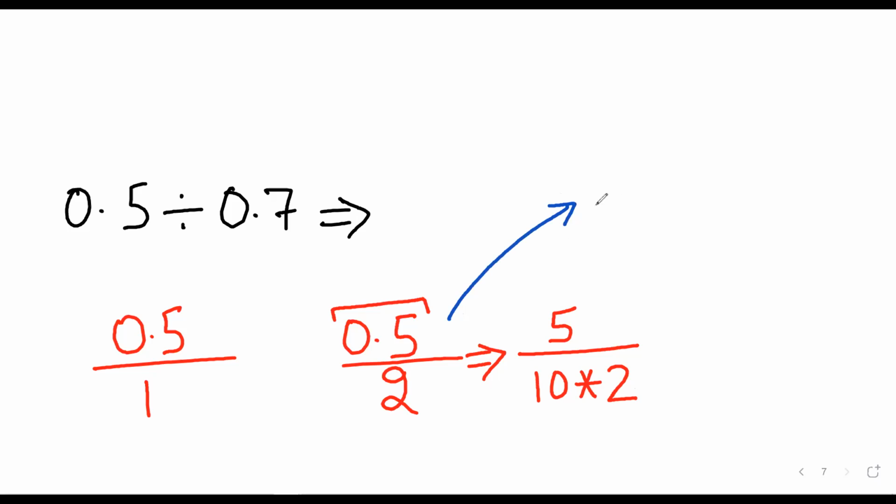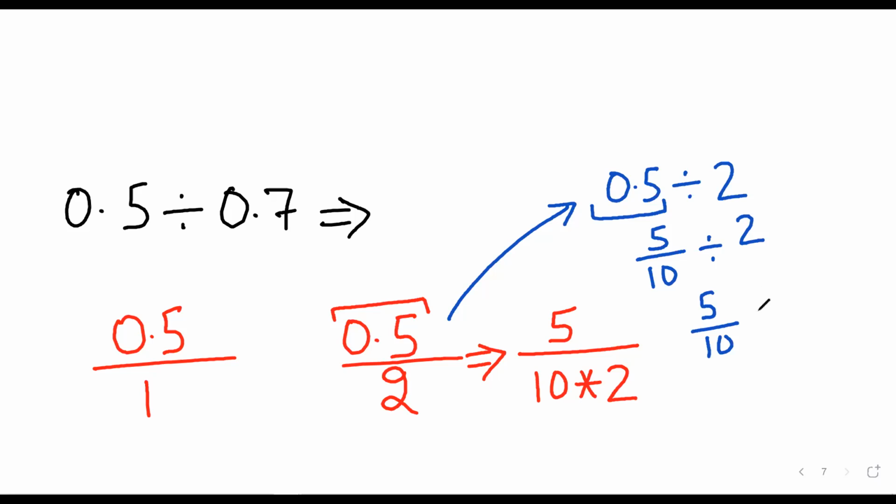Then let us write this as 0.5 divided by 2. Again the same logic comes. This has to be converted into a fraction. Divide by 2, 5 upon 10. This division will become multiplication. I need to take the reciprocal of 2, which is equal to 1 upon 2. And this will be equal to 5 upon 20. Any doubt about this?